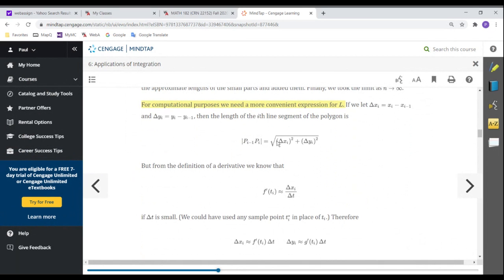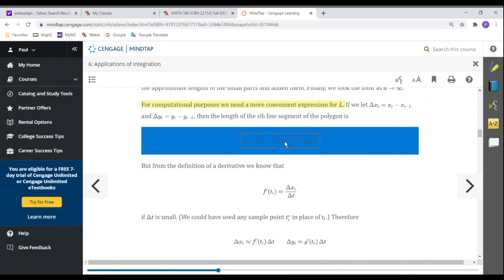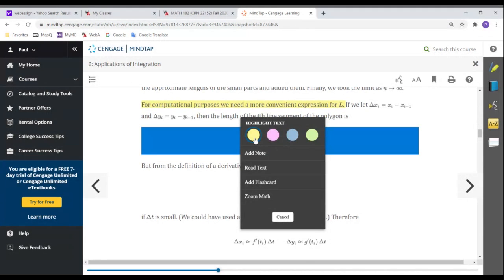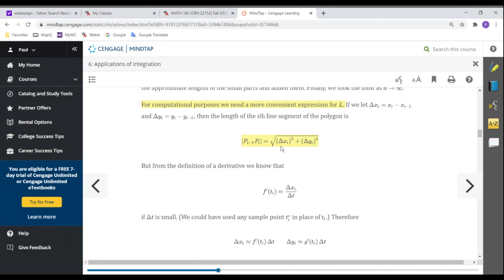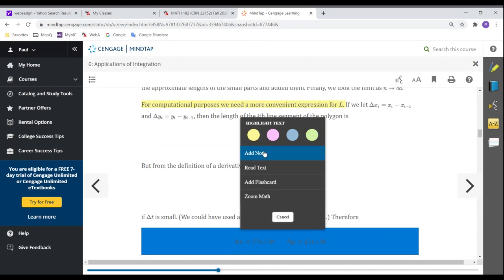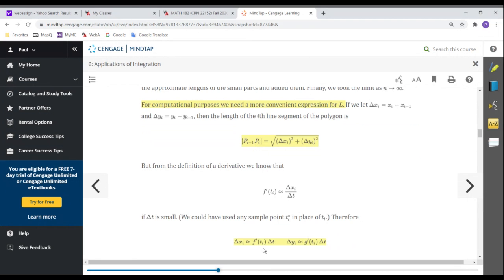Now, we can replace delta x sub i and delta y sub i with f prime of t sub i times delta t, and g prime of t sub i times delta t. One thing I forgot is that I didn't put the sub i on the t.